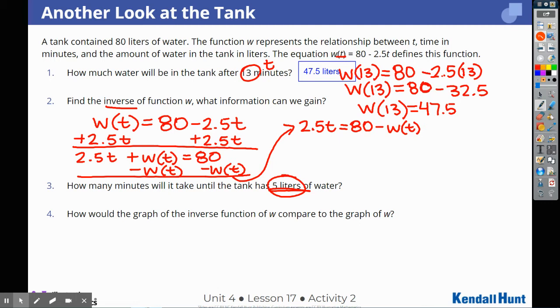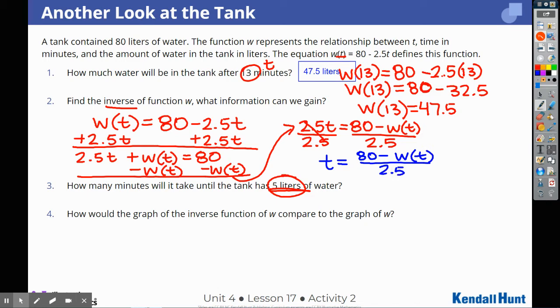We don't want 2.5 t, so we have to undo that multiplication there. So you have to divide both sides by 2.5, because what you do to one side, you have to do to the other side. That will cancel those out. And so your final inverse function will be t equals (80 minus W of t) divided by 2.5.